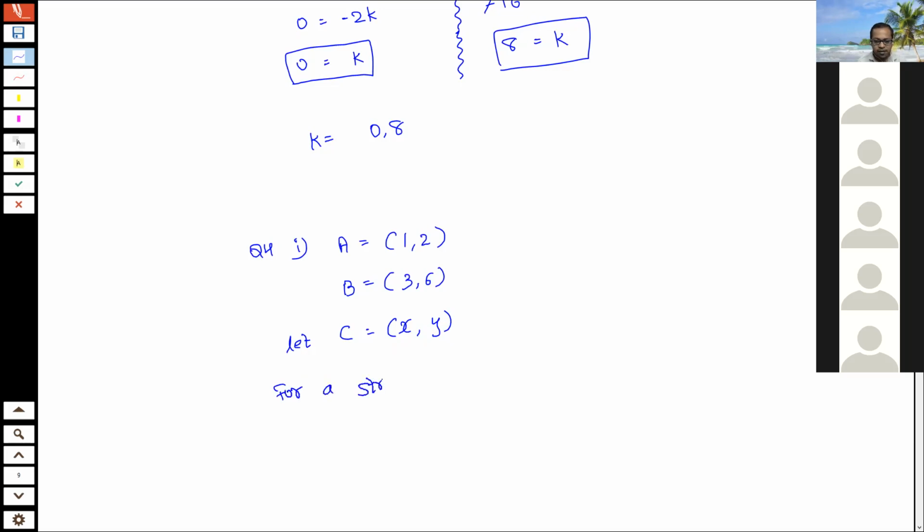And we will write, for a straight line, area of triangle will be 0. So I will write area of a triangle which is half of one determinant, 1, 3, x and 2, 6, y.